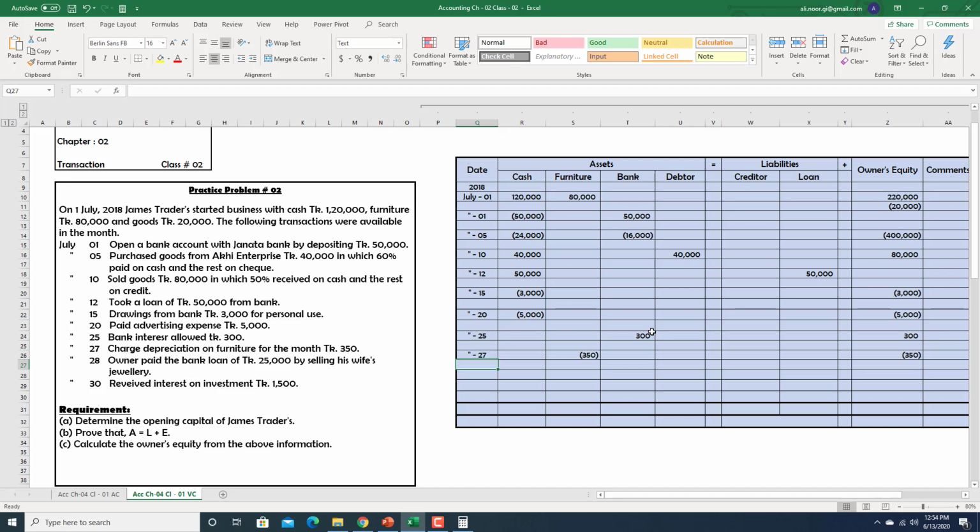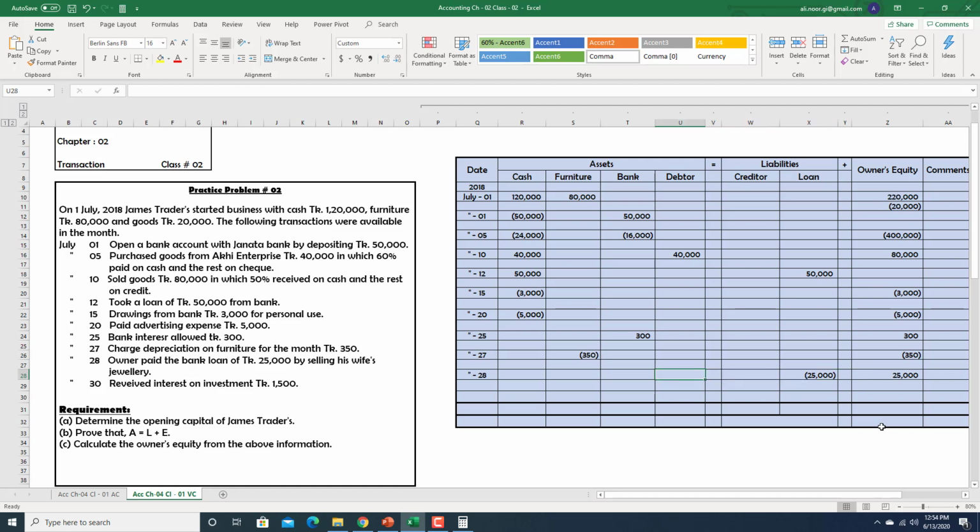So it will add to or increase capital or owner's equity, right? And it will also reduce the loan, or bank account, or liabilities. So the solve for this transaction is, let's write July 28, it will reduce the loan by 25,000, and it will increase owner's equity by 25,000, because the owner paid the loan for the business, and it will definitely increase the owner's equity, and it will reduce the liabilities of the business.